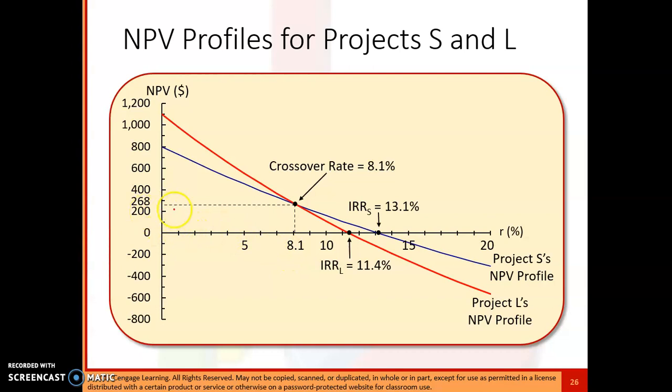So looks like it's around $268. But any point below 8.1%, if our required rate of return were below 8.1%, we would accept Project L. Above the 8.1%, as long as the NPV is greater than 0, we're going to accept Project S.